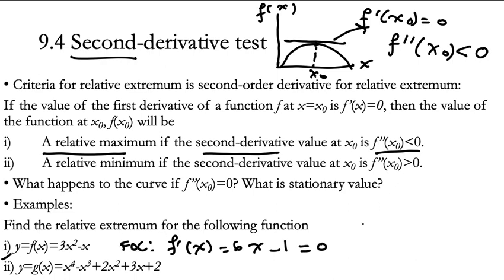Now, the first order condition here gives you the value of x. You bring 6x to the left, 1 to the right, and you will get x equals 1/6. So this is the x naught that we are referring to at this particular point.